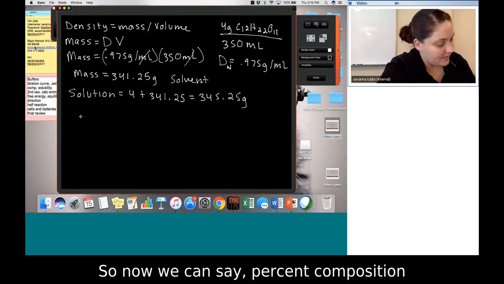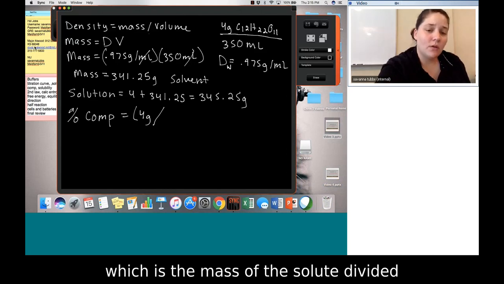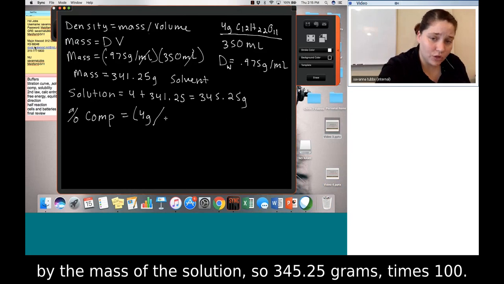So now we can say percent composition equals 4 grams, the mass of the solute, divided by the mass of the solution, 345.25 grams, times 100.